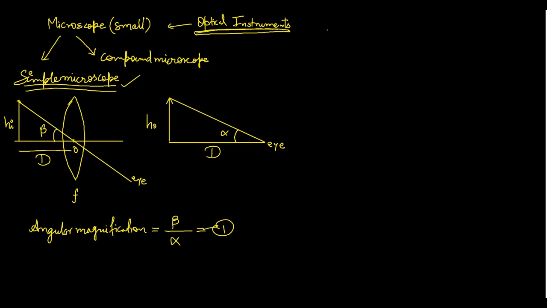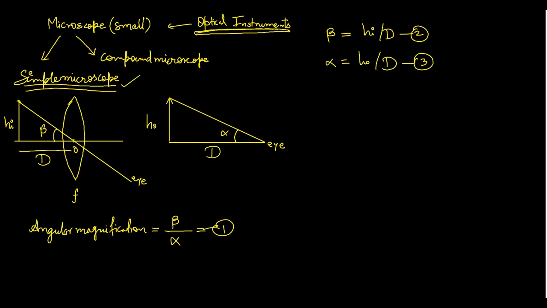Am I right? So from here, can I say beta will be equal to hi upon d, and in the same way alpha will be h naught upon d.